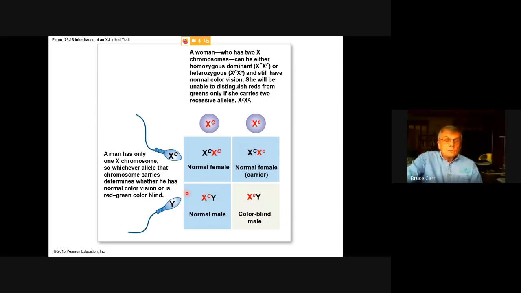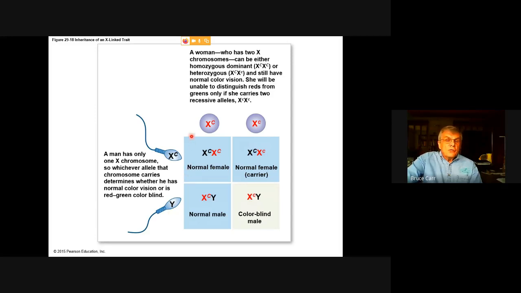A male with normal color vision cannot have a daughter who is colorblind because his X chromosome makes that fertilized egg a female. A male with normal color vision cannot contribute any allele for color blindness to any offspring.